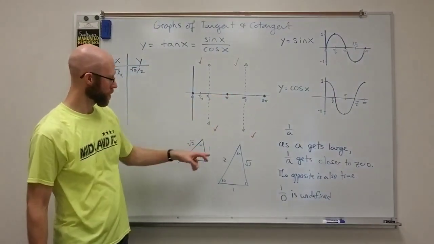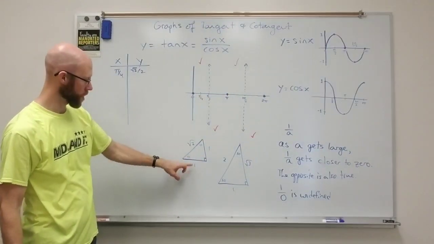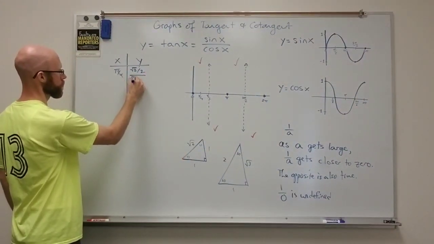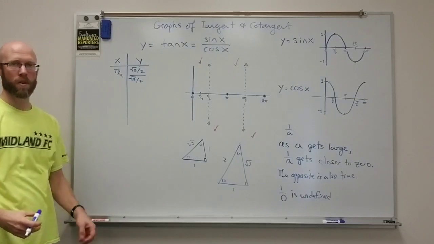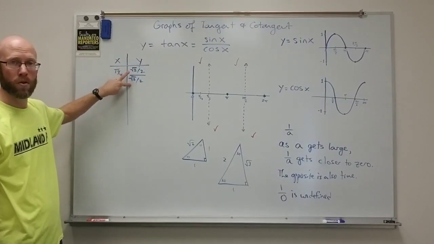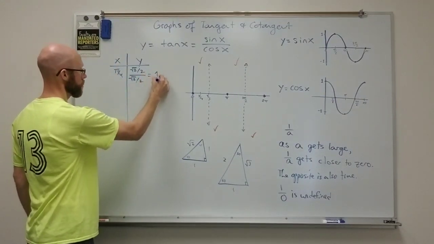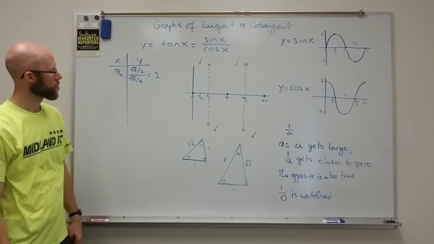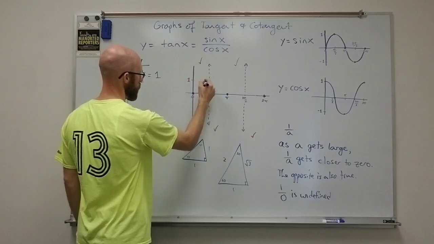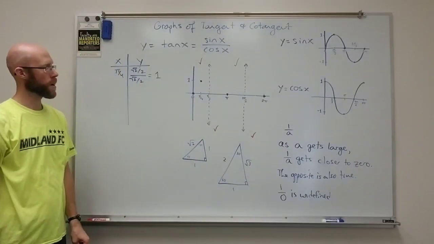The cosine of pi over 4, or 45 degrees, is adjacent over hypotenuse, which is the same, 1 over root 2, or we've rewritten that as root 2 over 2. And when you have root 2 over 2 over root 2 over 2, same thing over itself, you end up with a value of 1, okay? So somewhere on the y-axis here is the number 1. And so right there, we'll put a point.